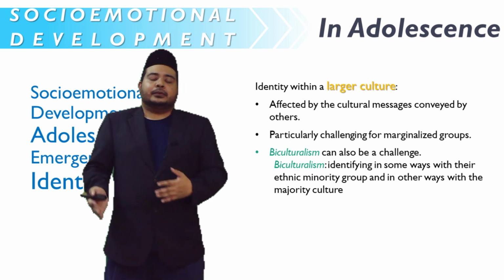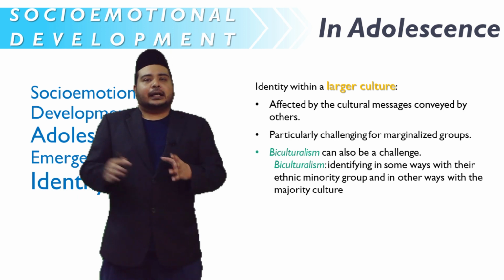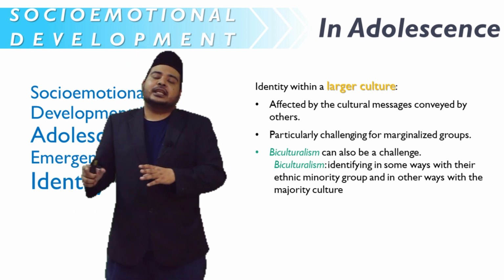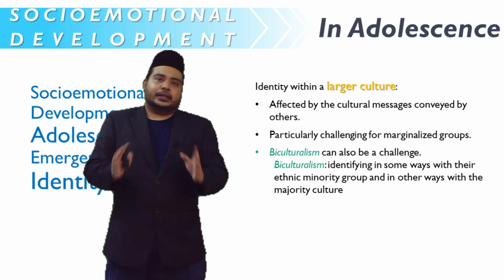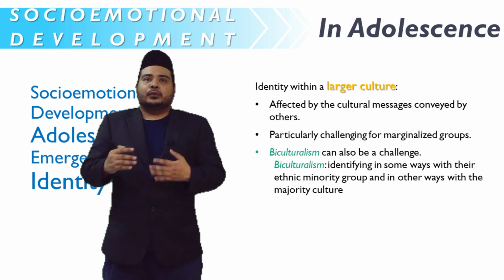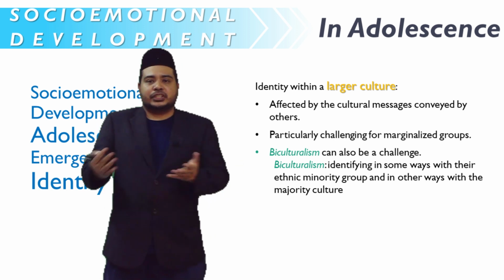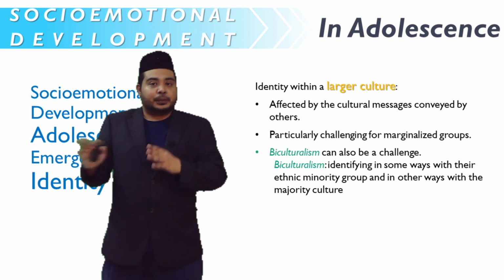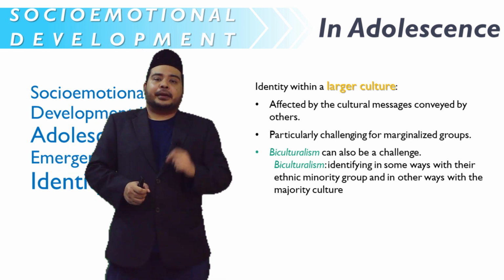In particular, it is quite challenging if you are coming from a minority or marginalized group in a big culture. For example, in Malaysia, we have three big ethnicities: Malay, Chinese, and Indian. But at the same time, we have Bumiputras and groups of Orang Asli, which are minorities.